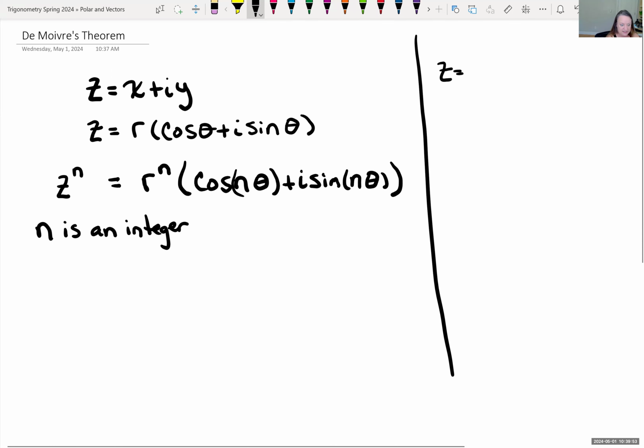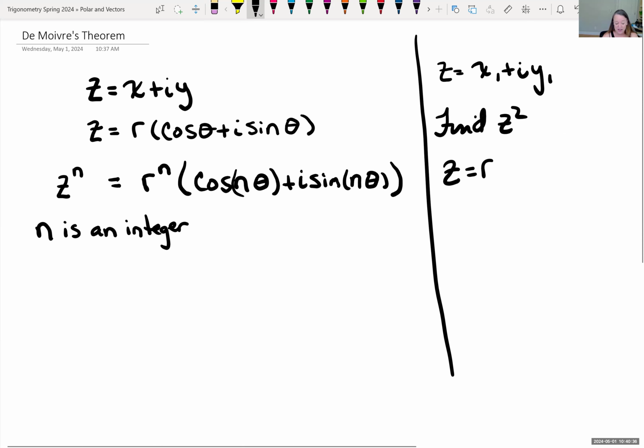So if we had z equal to x1 plus i y1, w equal to x2 plus i y2. Actually, no, let's just not even do that. Let's just say that we wanted z squared. Well, we knew that z here in polar form, which I just wrote out, we can write it as, you might hear it as cis theta.